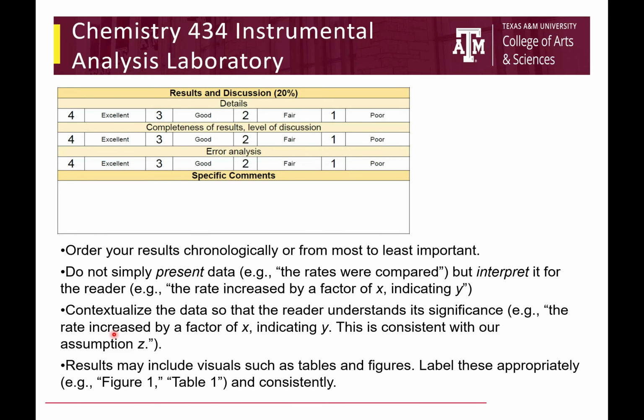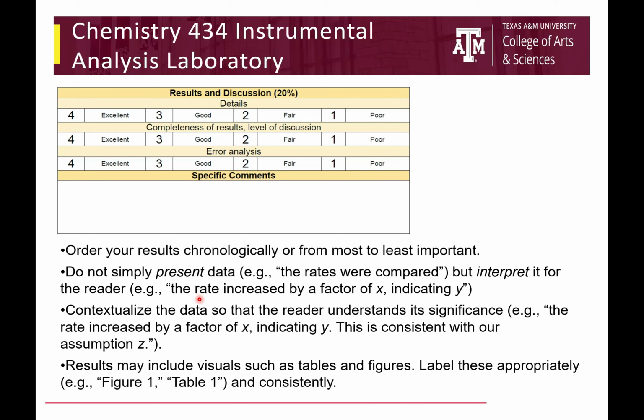Results and discussion. You should put the most important things at the beginning, all right? You need to interpret the data here. Don't just present it. Don't just say what you saw. Explain why the results that you saw happened. Okay, does that make sense? Or what the relationship is between different factors.